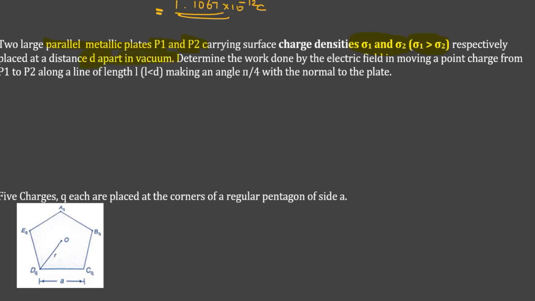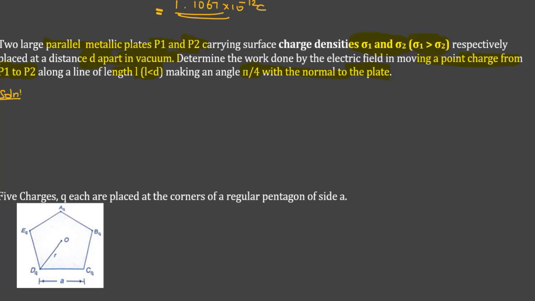Determine the work done by the electric field in moving a point charge from plate 1 to plate 2 along the line of length L, which is less than d, making an angle π/4 with the normal to the plate. They are asking about work. Clear? So work they are asking.